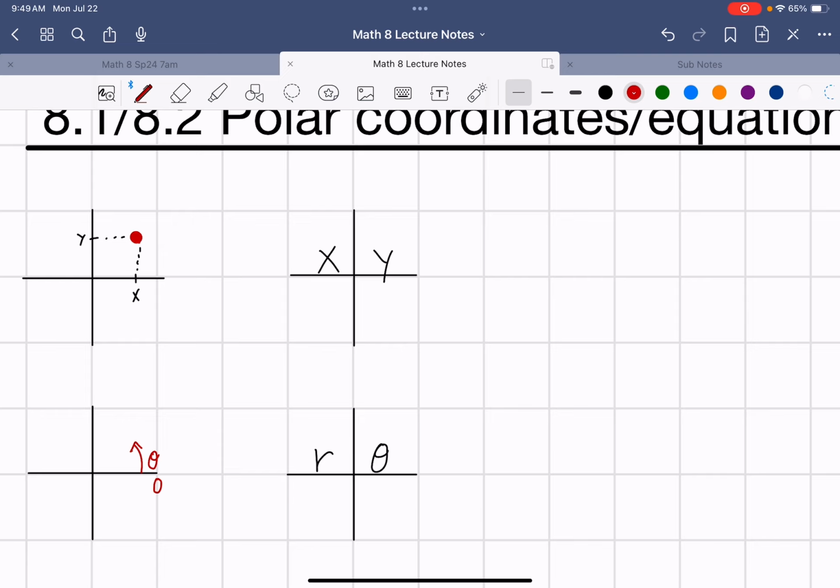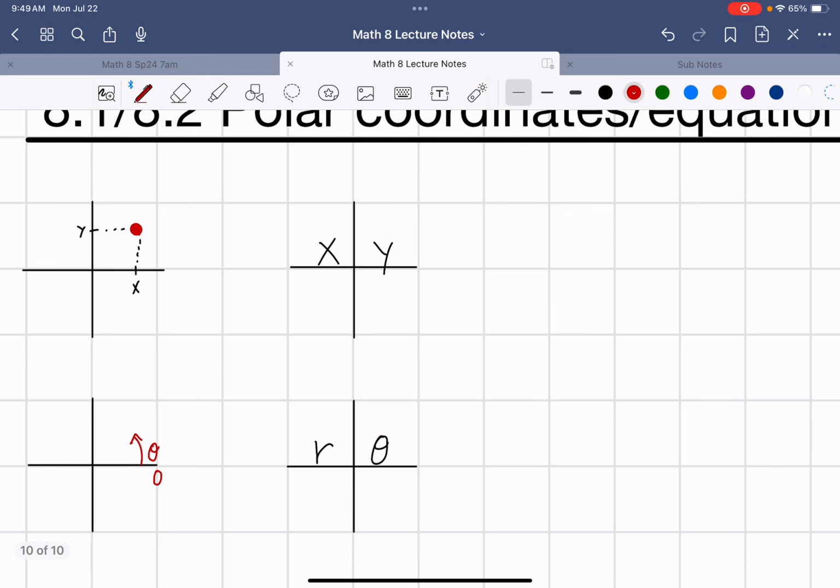And the one thing I do differently is I actually plot theta first and then I apply my r. And r is just how far you're going to go in that theta direction, and that's how you get to a particular point.